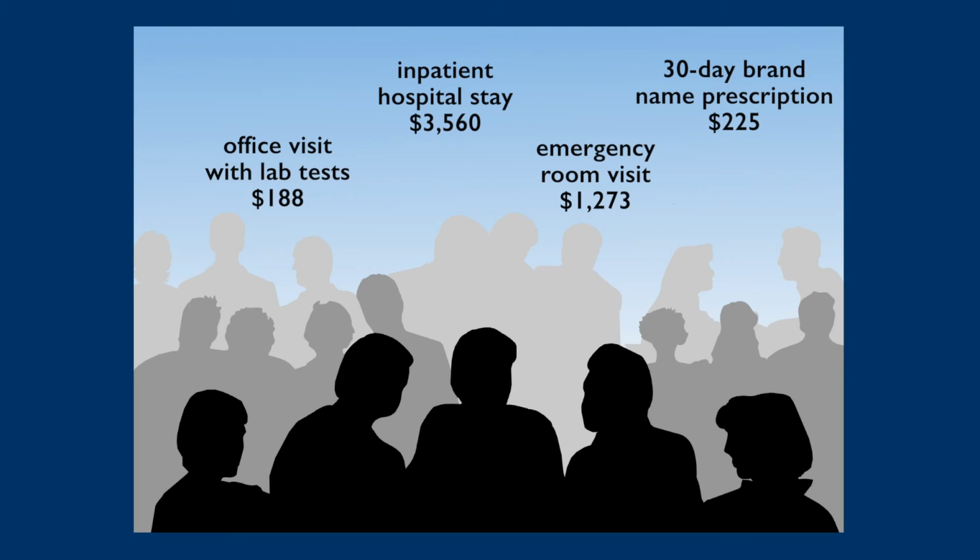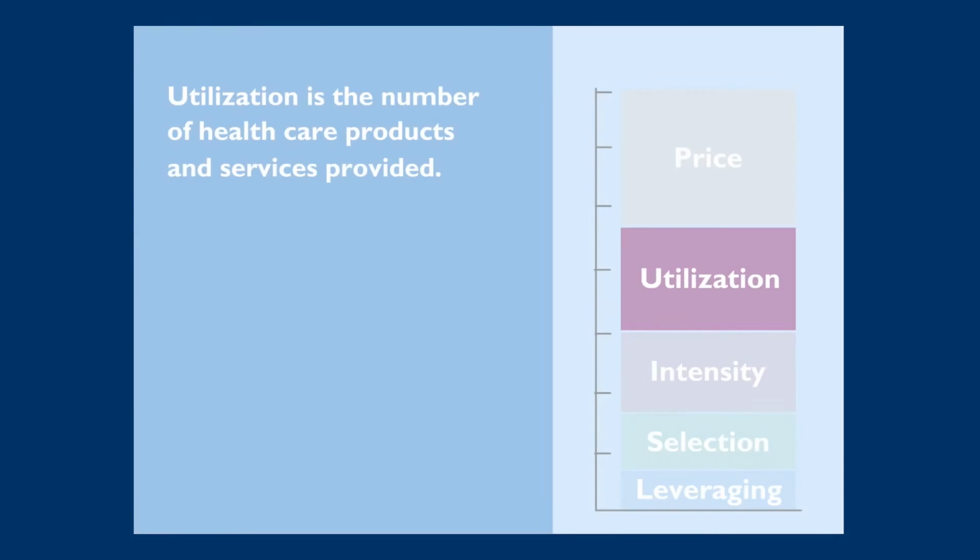Regardless of the charges for the services each person receives, the entire group will be subject to the overall cost. If there is an increase in healthcare costs or the charges for those services, health insurance premiums will be impacted.